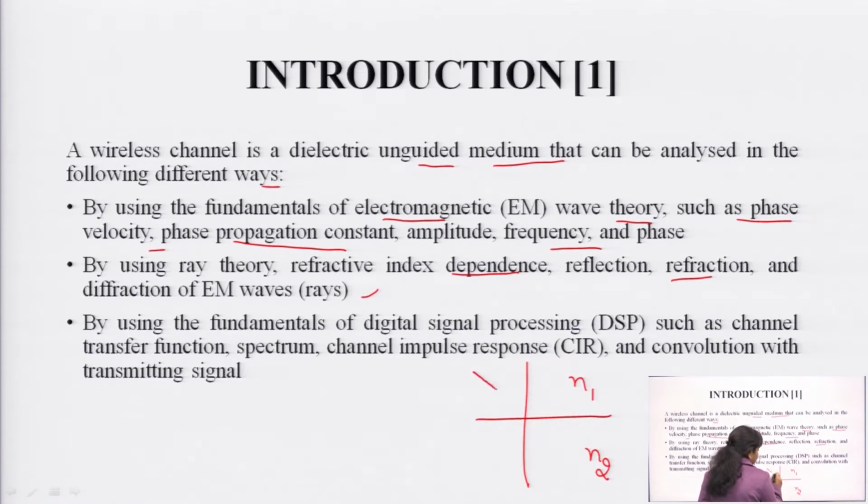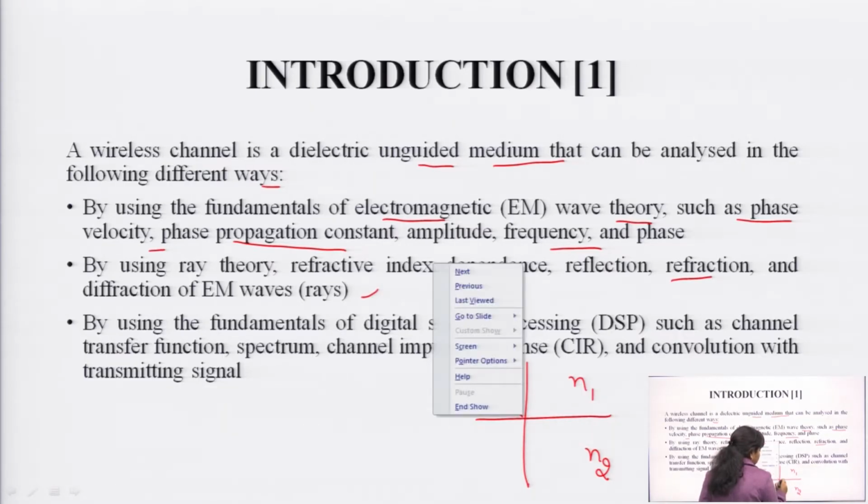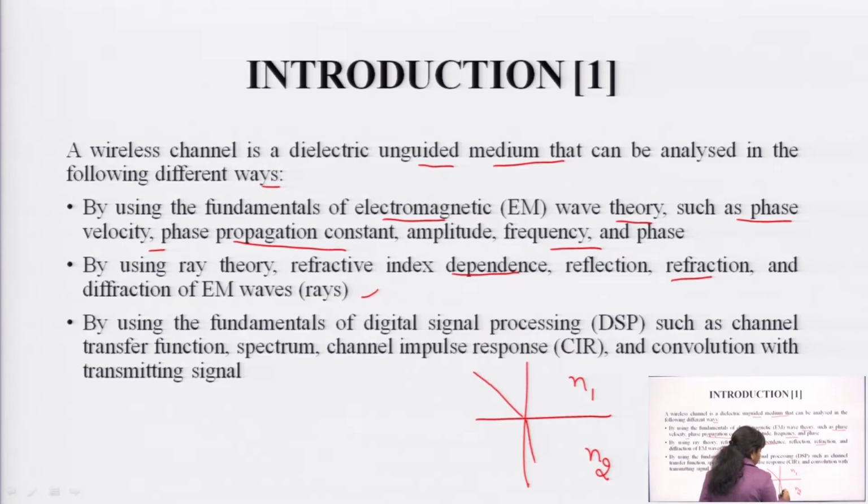Let us say a wave travels from one medium to another medium. That is known as refraction. It also undergoes total internal reflection, that is TIR. That is related to ray theory.